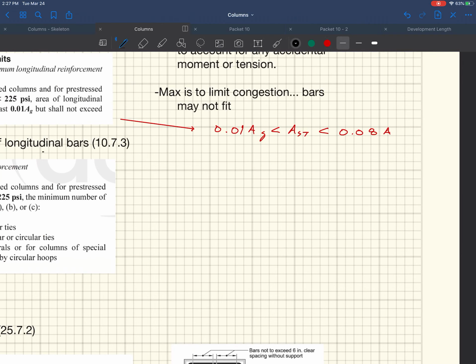Another way to write it is in terms of reinforcement ratios, where you take the area of steel divided by A_g. So you could say 0.01 has to be less than rho, which is less than 0.08.